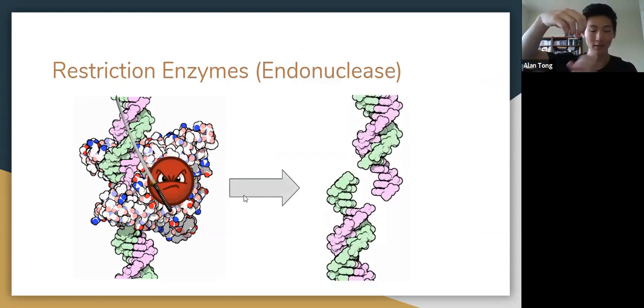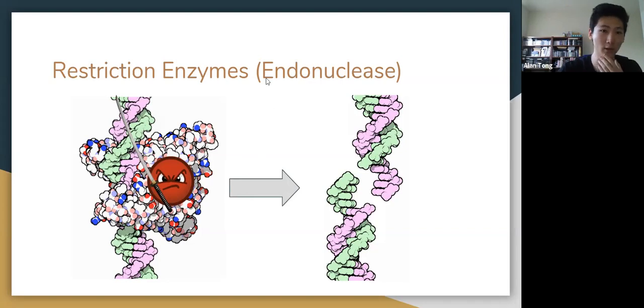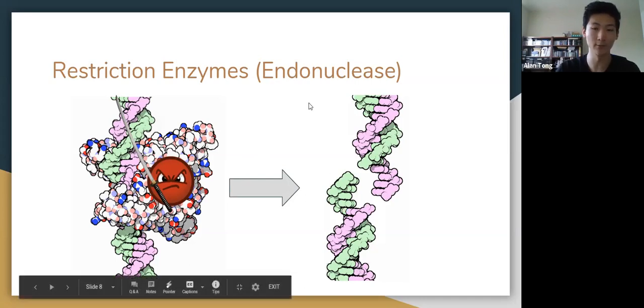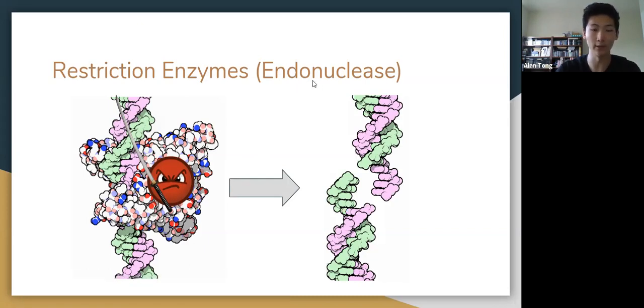We call it an endonuclease because it's an enzyme that catalyzes a reaction that cuts inside of the strand. An exonuclease will be cutting from either end. That's the difference between endonuclease and exonuclease. For the most part, we're going to be using endonucleases, but exonucleases are also really important.